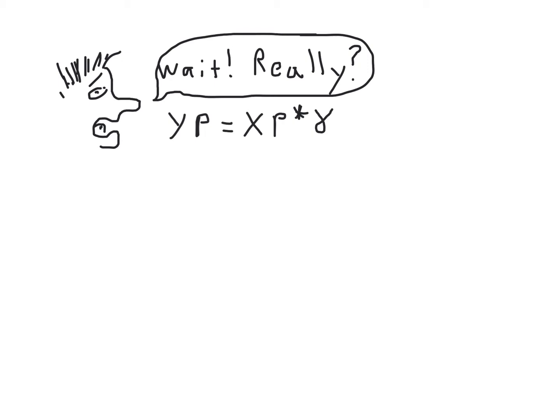Now we know that at the azeotrope, the composition in the vapor phase is the same as in the liquid phase. So we can rewrite that equation as gamma is equal to the total pressure over the vapor pressure. So if we know the composition and the temperature of the azeotrope, we can calculate the activity coefficients.